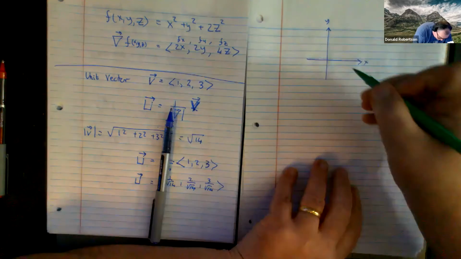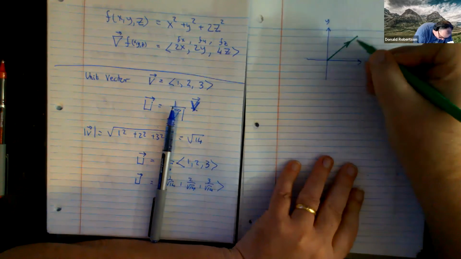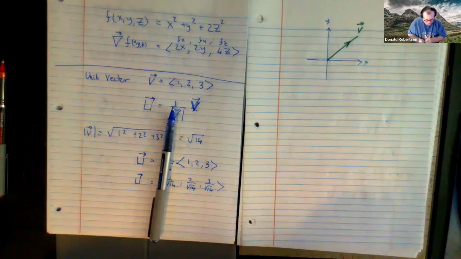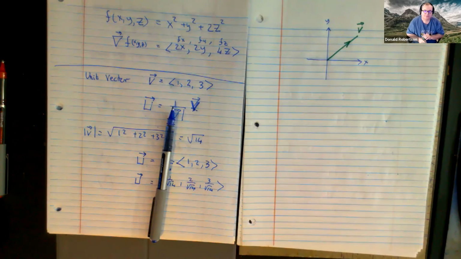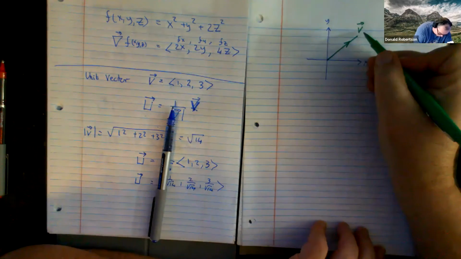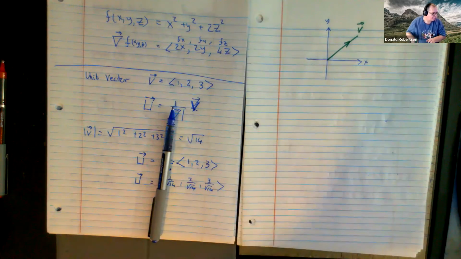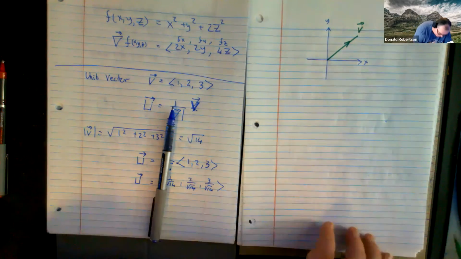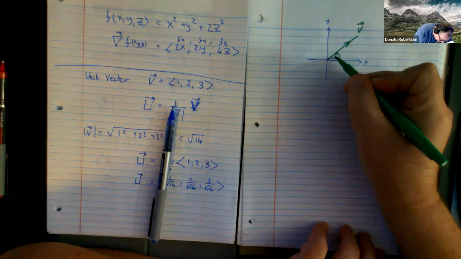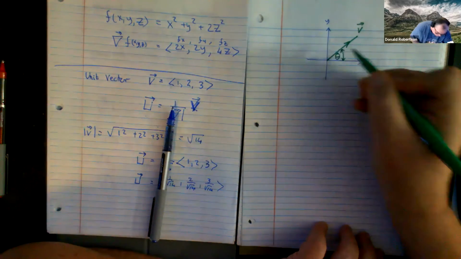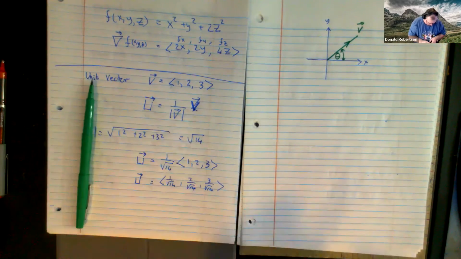I want you to imagine that I've got a vector, which I'm going to call v, going in that direction. And I'm not going to tell you its components. I'm not going to tell you it's (3, 2) or (1, -9) or whatever it is. I am just going to tell you that the angle that it makes with the positive x-axis is theta.